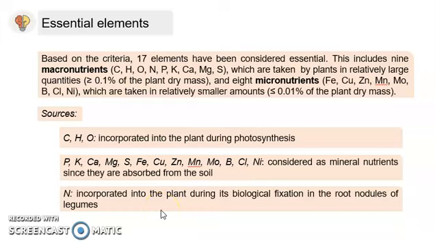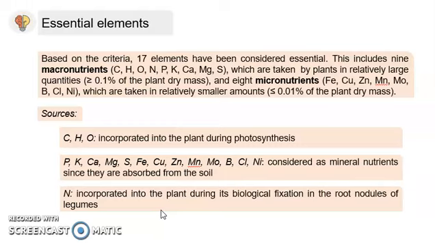Next, the last essential is nitrogen. Nitrogen is very unique. Its main source is leguminous crops. Nitrogen is incorporated into the plant during biological fixation, which happens in the root nodules of legumes. When we say legumes, these are the pod-bearing plants. Examples are peanut and beans.